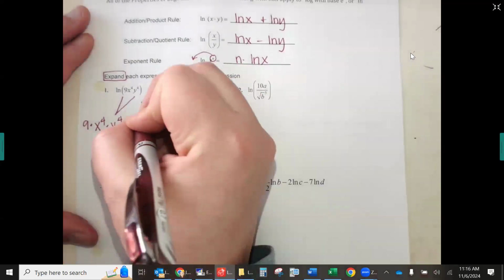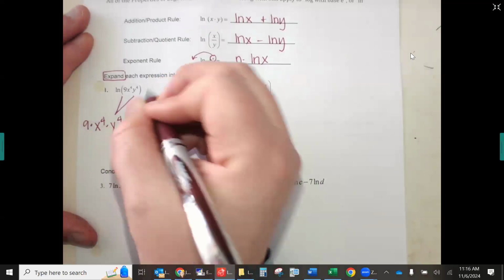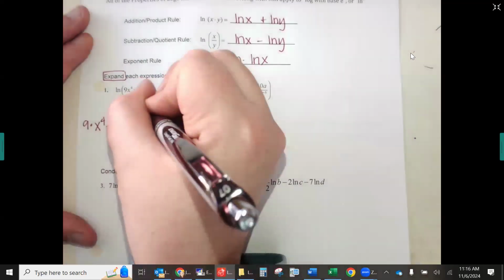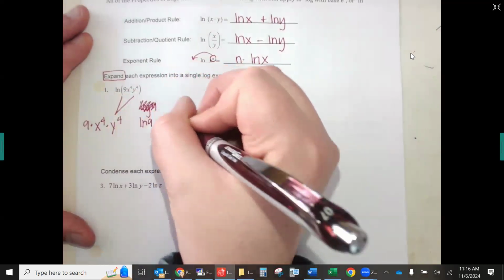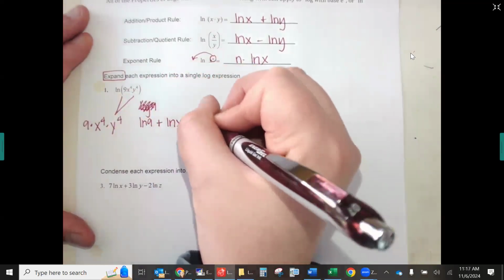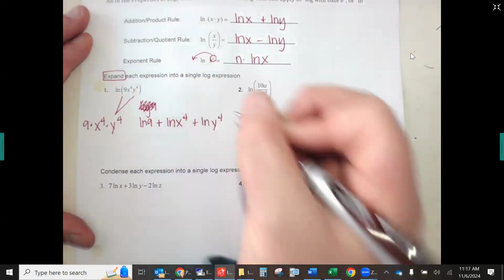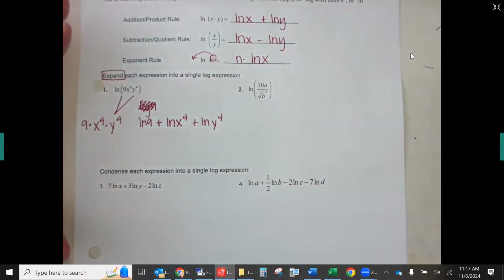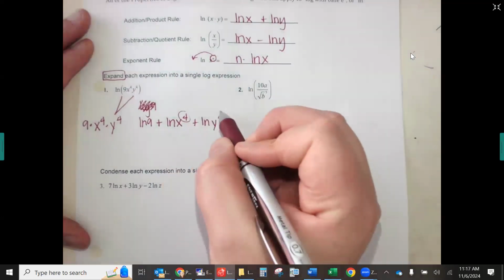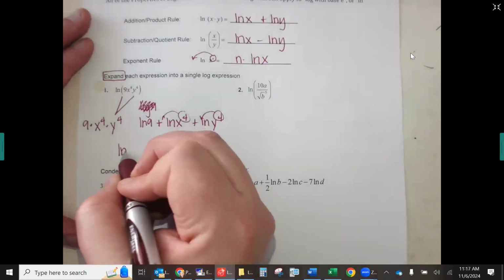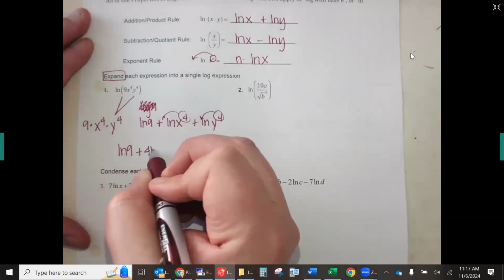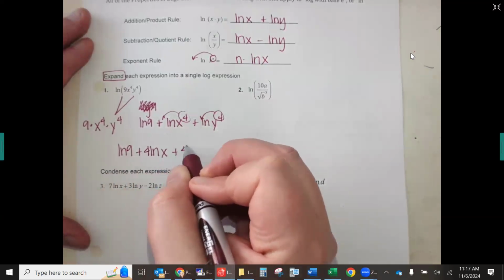So it'd be ln 9 plus ln x^4 plus ln y^4. And then what do I move next? Yeah, the exponents, remember, those can both drop down to the front. So your final answer would be ln 9 plus 4 ln x plus 4 ln y.